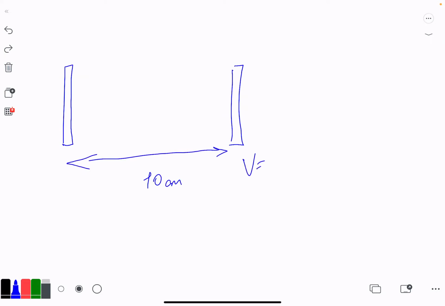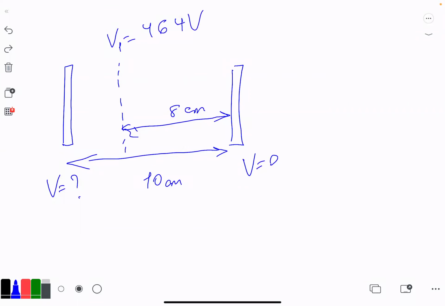This is equal to 0. This one we don't know, but at 8 centimeters, this V is equal to, let's say, 64 volts, right?